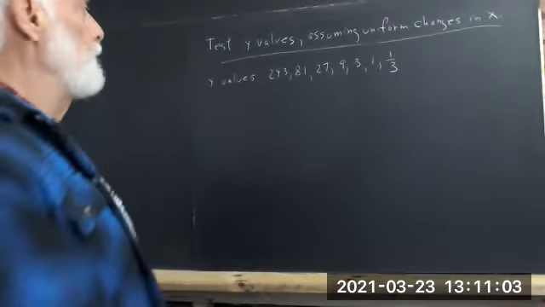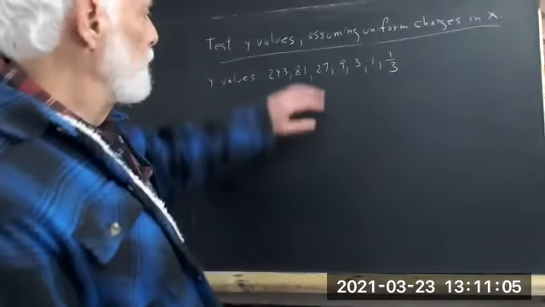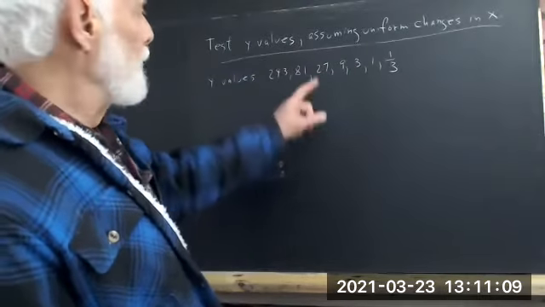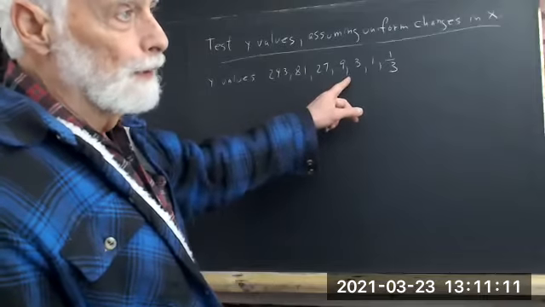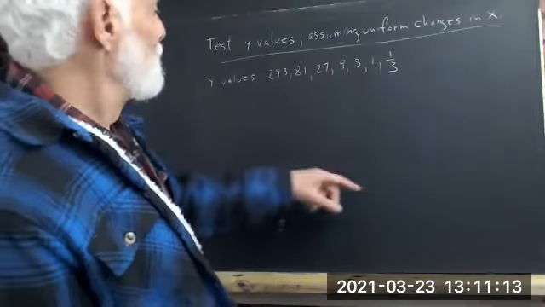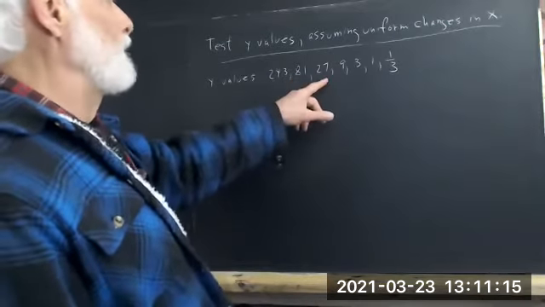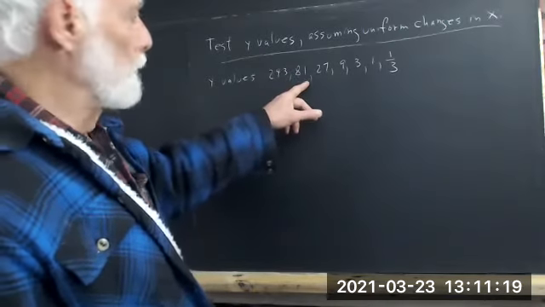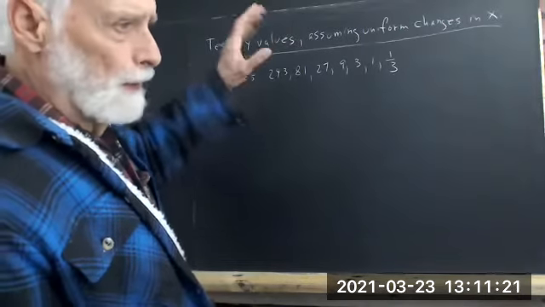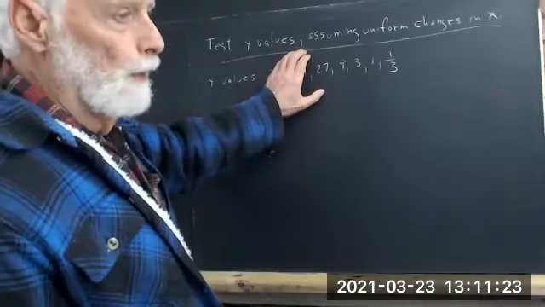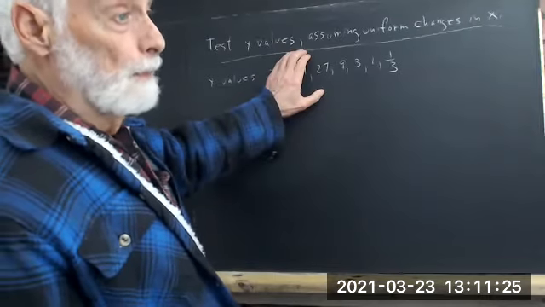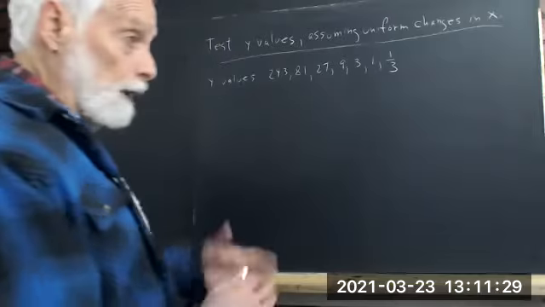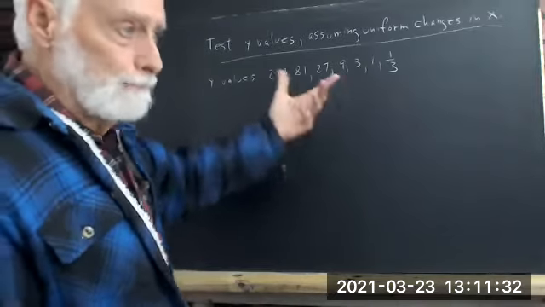Okay, now it's fairly easy to see what the pattern is if you just look at the numbers from here down to here. You can see that every number divided by 3 gives you the next number. Okay, now, whether you see that 81 divided by 3 is 27 or 243 divided by 3 is 81, I wouldn't necessarily expect you to be able to do that. But if you look at these numbers, it should be pretty obvious if you know your basic arithmetic, okay? You shouldn't need a calculator with this one.